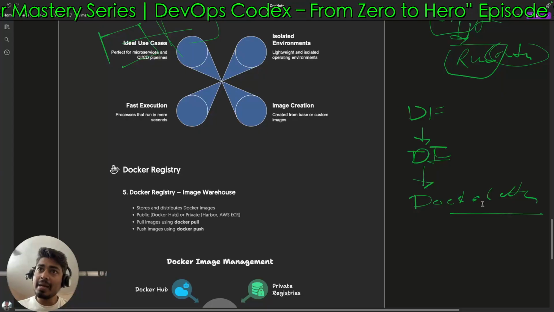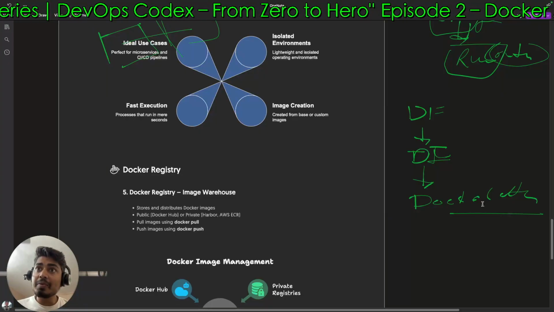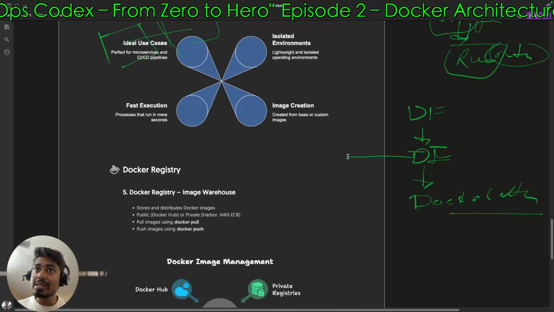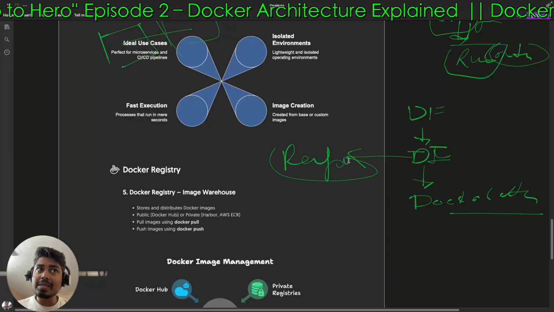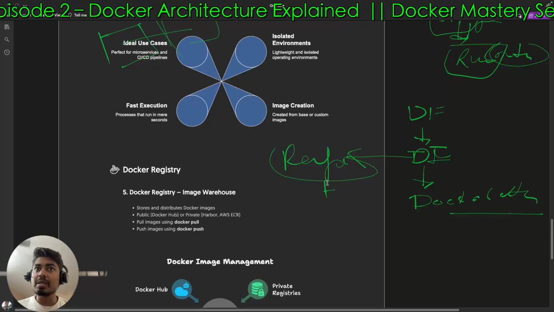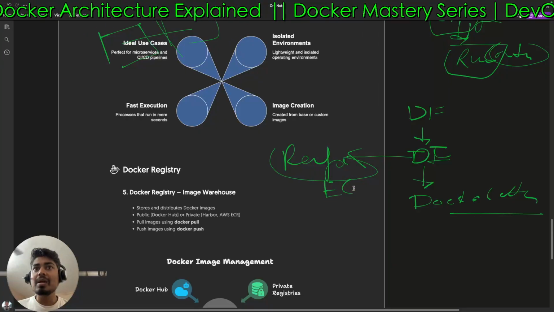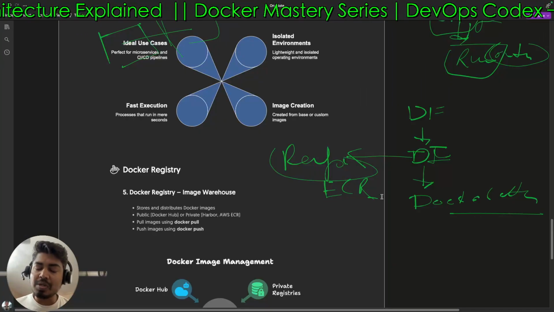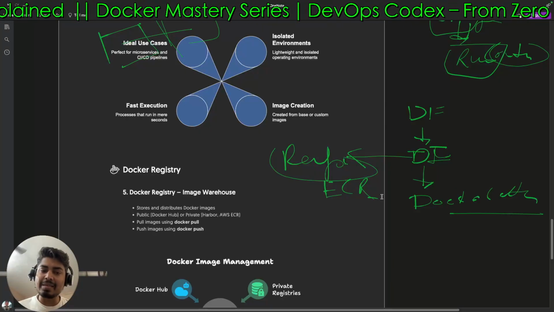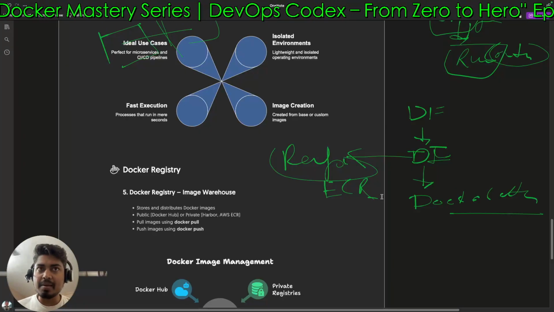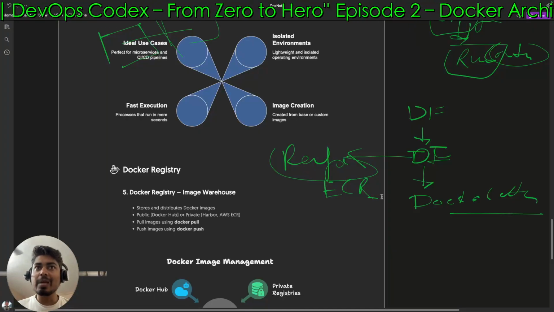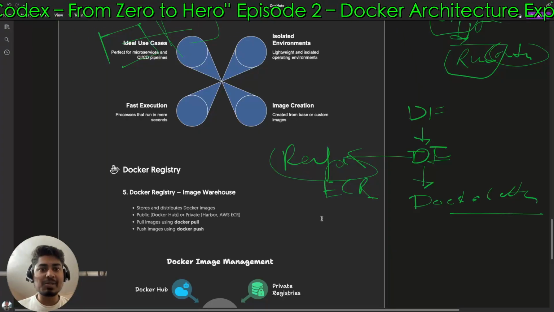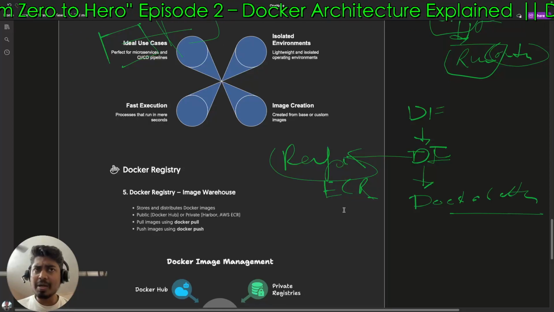Now we are storing these Docker images in a repository that is called a Docker repository. Similar to how we have source version control systems like Git, Bitbucket, GitHub, where we store our source code, in the same way we store our Docker images centrally.